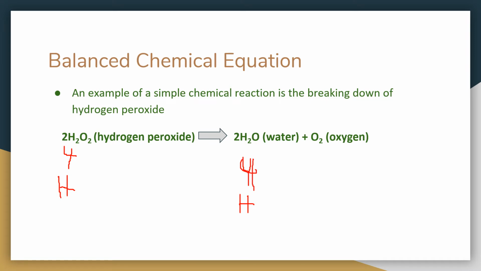Okay, and now we have the 2 times the O2. Okay, so that's going to give us 4 oxygens. And then we have 2 times the O here. So there's 2 there, and then there's the 2 here. Because between this one and this one, we're going to get 4 oxygens.